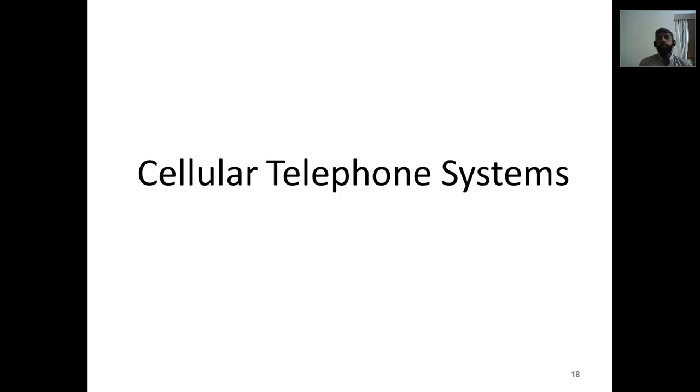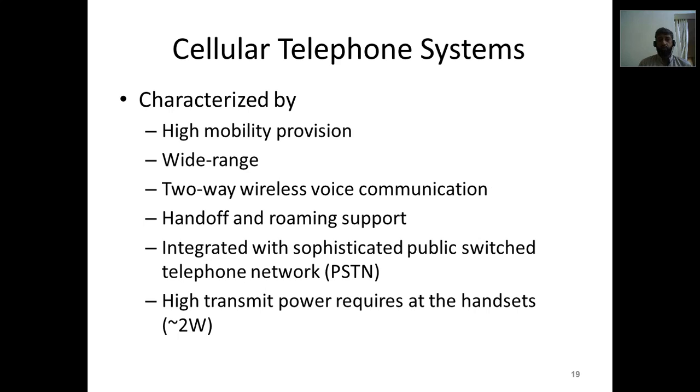This problem was addressed in the cellular telephone system. The concept of the cellular telephone system revolutionized telephony, the mobile telephones that we use. They are now based on this cellular concept.